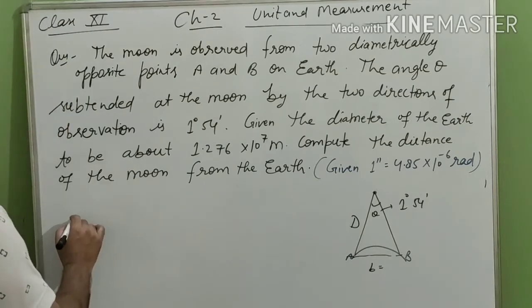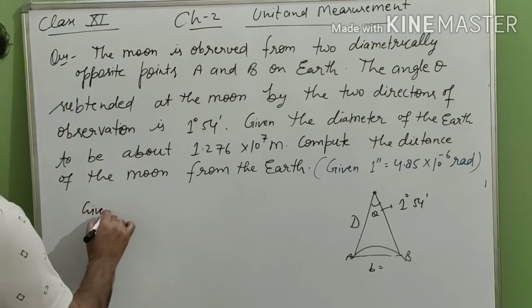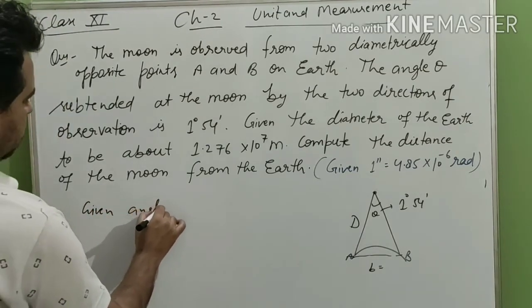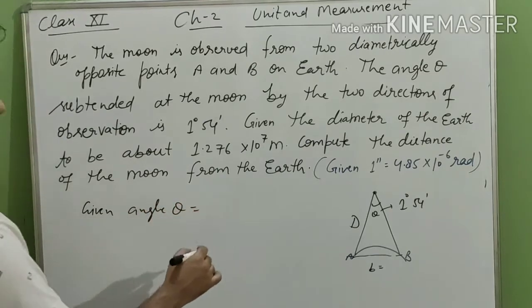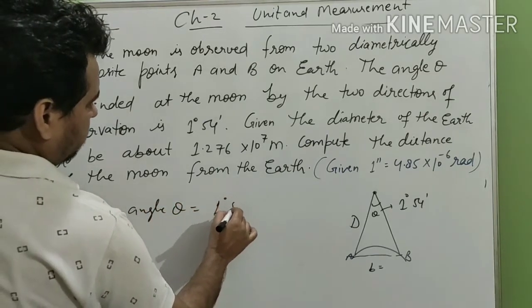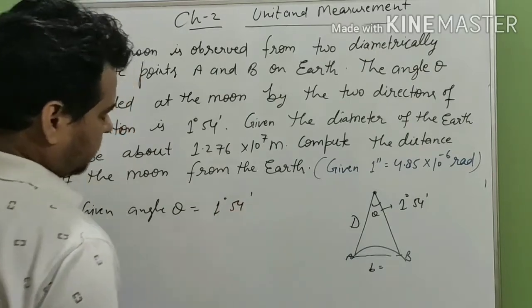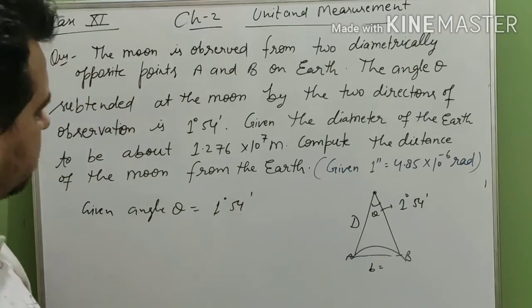We are given the angle theta, 1 degree 54 minutes. Convert it into seconds.